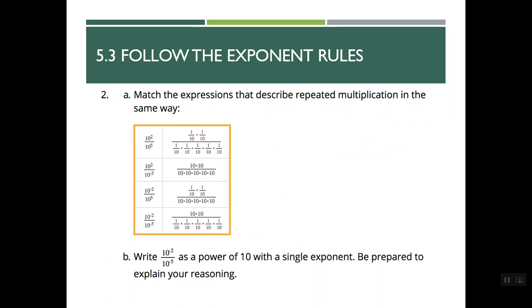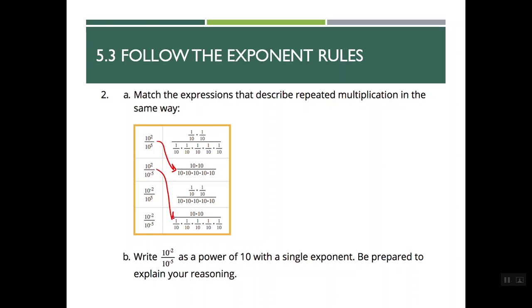So now we want to match again. Match expressions that describe repeated multiplication in the same way. So the first one is 10 squared over 10 to the fifth. That's 10 times 10 on top, and 10 times 10 5 times on the bottom. That's here. Number 2, we have 10 squared over 10 to the negative fifth. So remember, this is going to be 10 times 10 on top, and 1 over 10 5 times on the bottom.